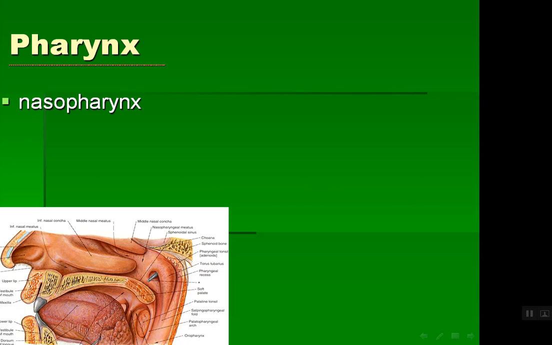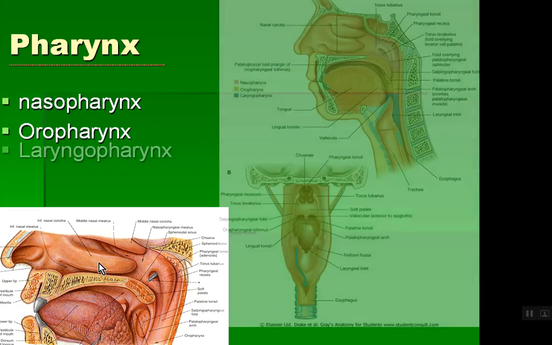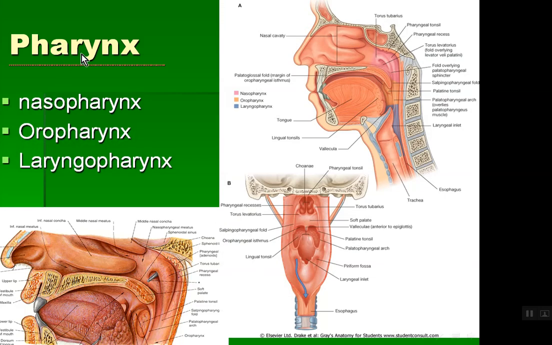By this fact, it contains some portions in the posterior aspect of the nose, of the mouth, and of the larynx. So we can divide the pharynx into three portions: nasopharynx, posterior to the nasal cavity; oropharynx, posterior to the oral cavity; and laryngopharynx, posterior to the larynx.